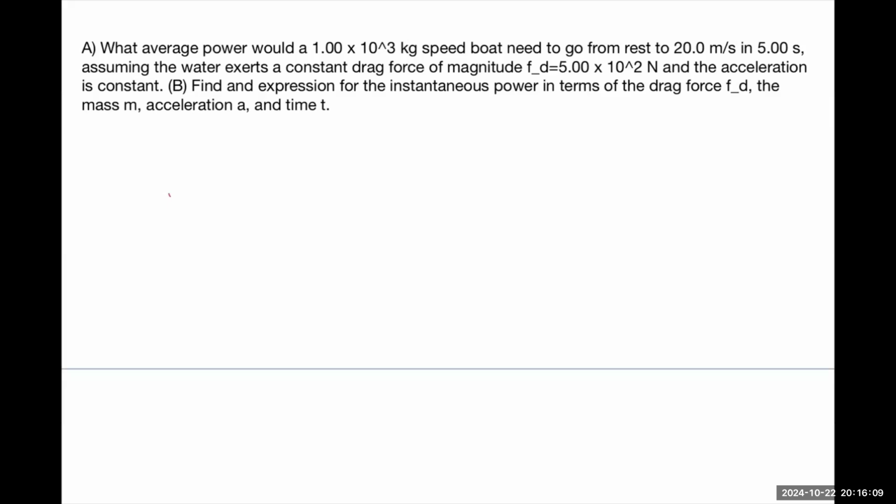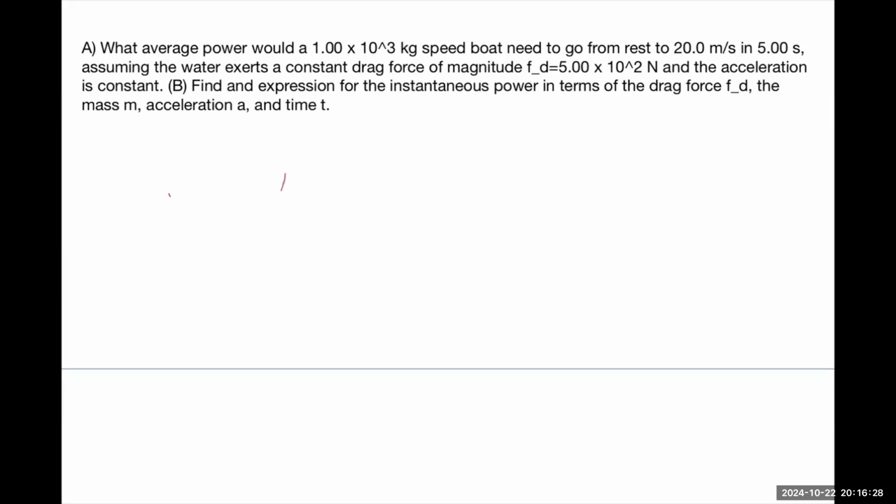And then I found the force needed for the acceleration, mass times acceleration.